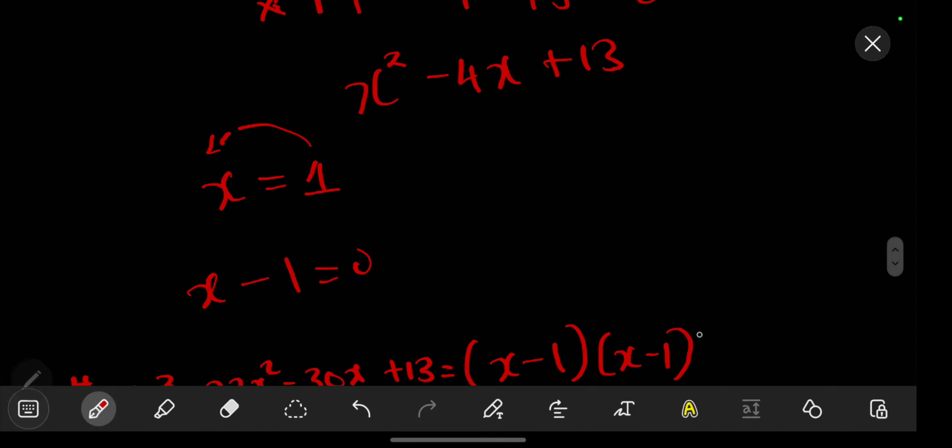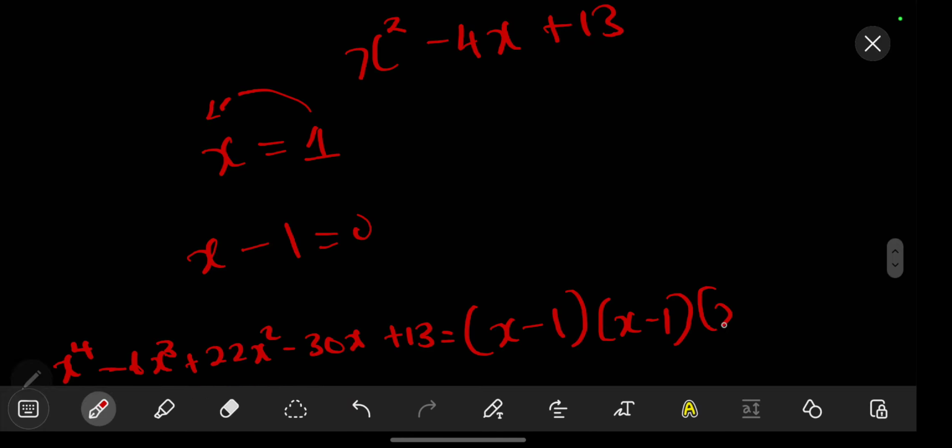Then we have this quotient, which is our x squared minus 4x, then we have plus our 13.